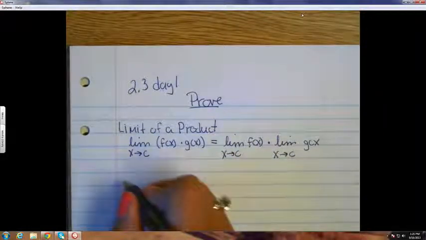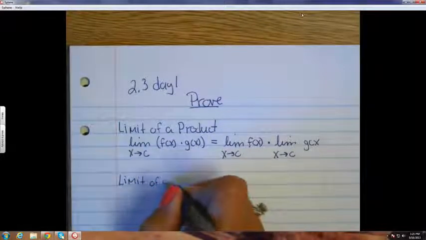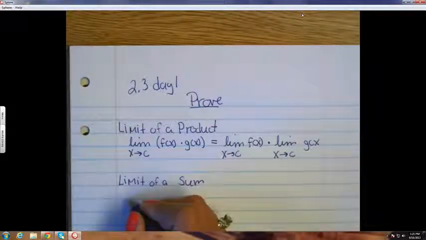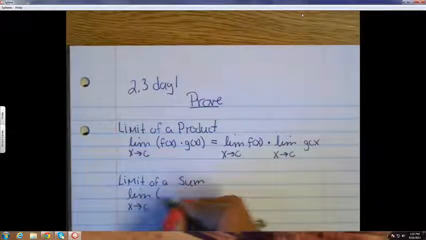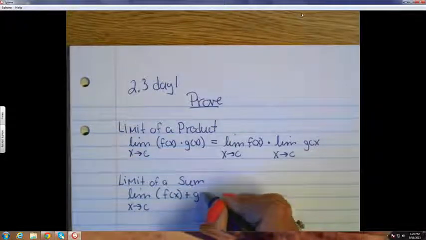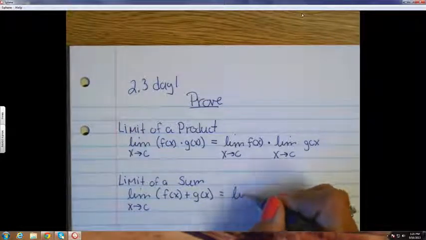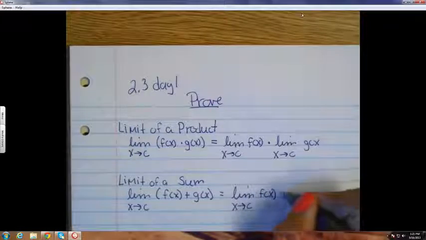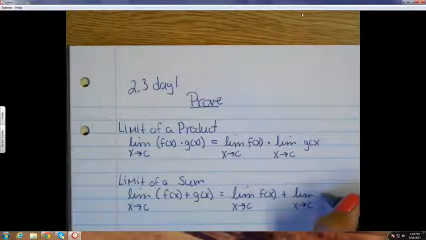Next one is limit of a sum. And you've got the limit as x approaches c of the sum of two functions, so that's f of x plus g of x. That can be broken up into the limit as x approaches c of f of x plus the limit as x approaches c of g of x.